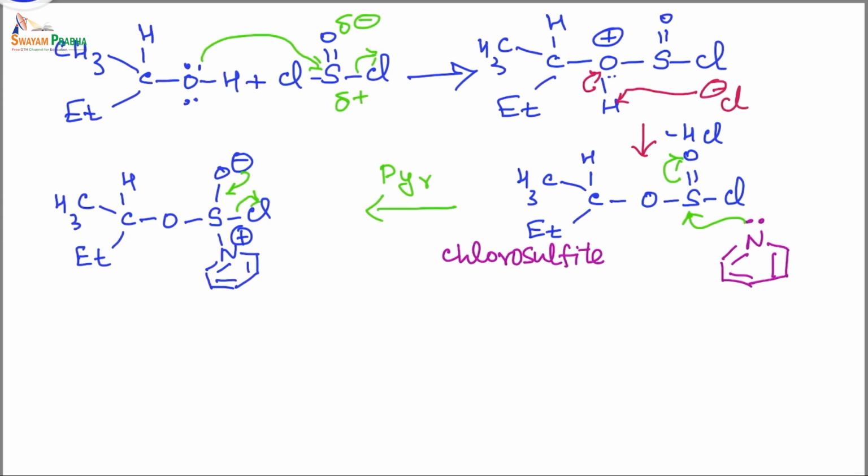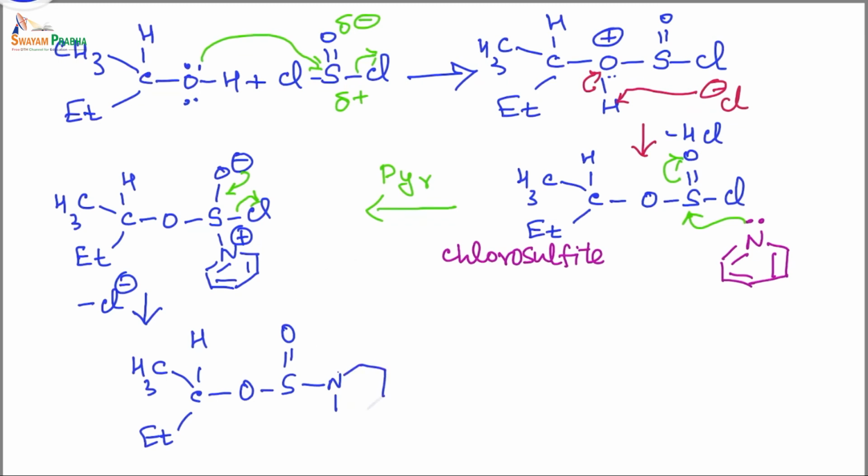In the next step, during charge reversal, the negative charge comes between the sulfur oxygen bond and the chloride is lost as a Cl minus ion. This leads to a stable product with the pyridine attached to the sulfur. Since in this step nothing happens to the nitrogen, it will still retain the positive charge.